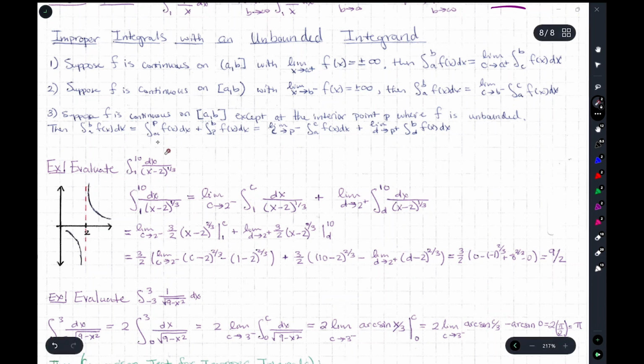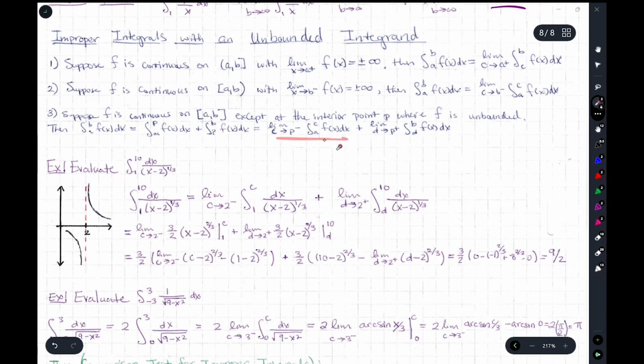And what if you're integrating from a to b and the offending point is p, somewhere in between a and b, and f is unbounded at p? So what do you do? Well, in this case, you'll break up your integral from a to p, and then from p to b.